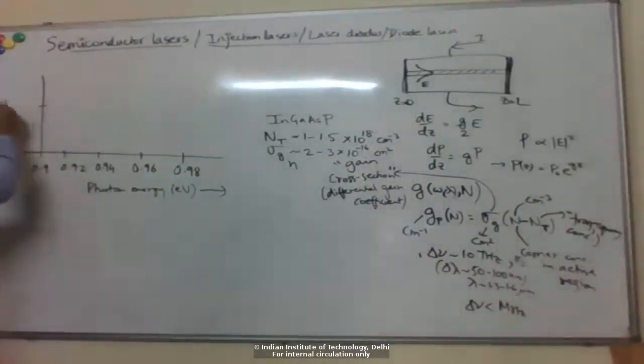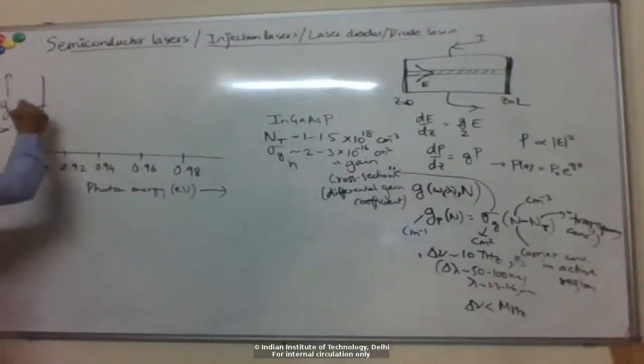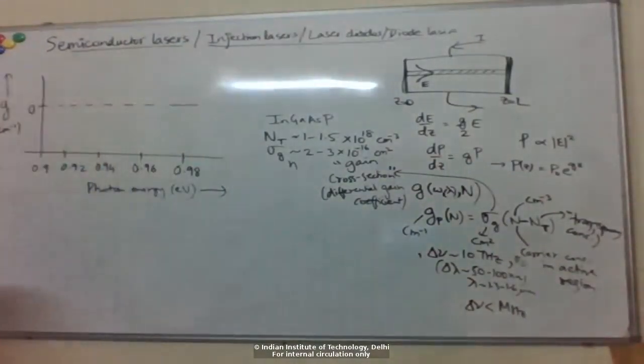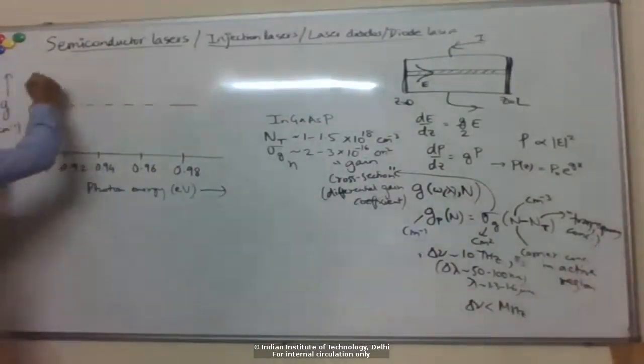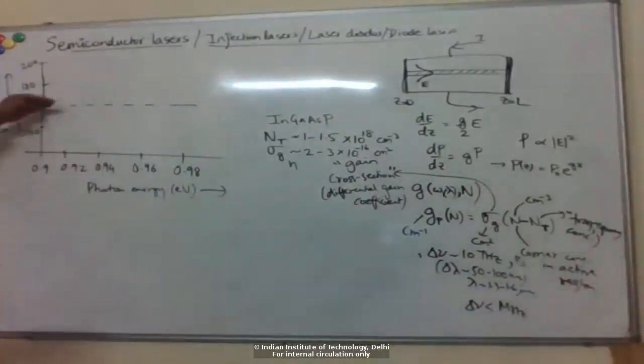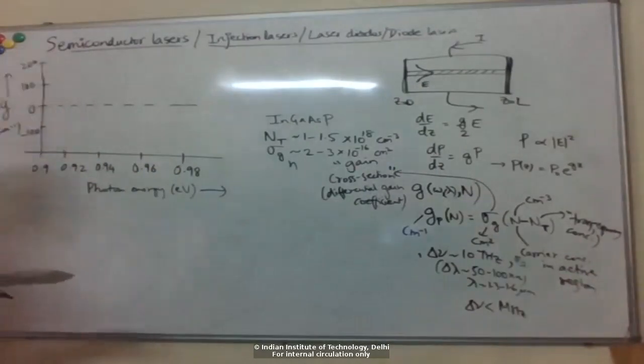And then we plot G in per centimeter. Zero denotes transparency, beyond which you achieve population inversion. So it's loss below here and gain above here.